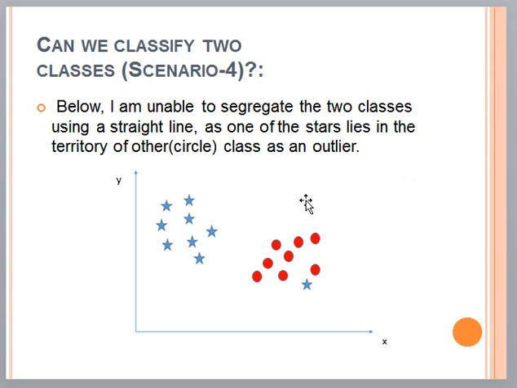If I draw a hyperplane, no matter in which direction or how many hyperplanes I draw, it will be very difficult to segregate the two classes because of this outlier here, as one of the stars from this class lies in the territory of these circles.